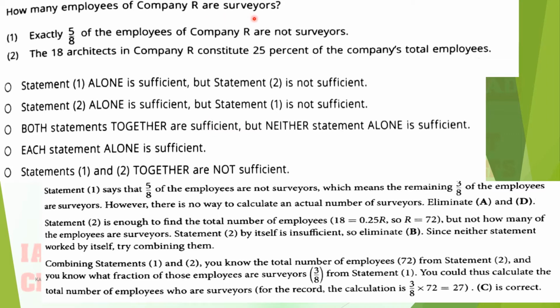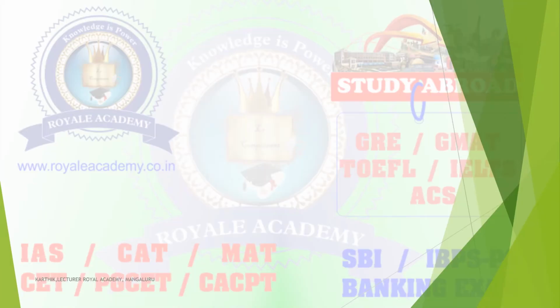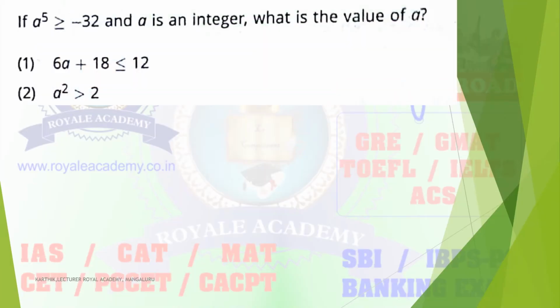That information is provided by combining these two statements. I hope all of you understood. So which option is correct? Both statements together are sufficient to answer the question. So the third option, C, is correct. Okay, next problem we'll see.